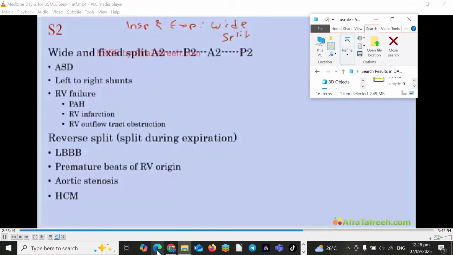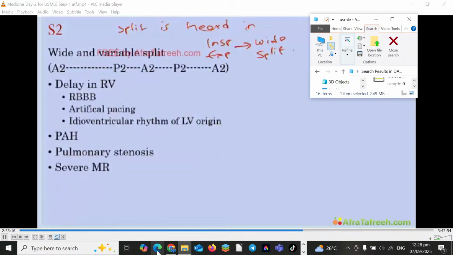What you understand by a wide and variable split is that the right atrium can accommodate still more blood during inspiration. During inspiration, the heart should take in more blood. When you call it a wide split, that means it is already receiving more blood. But during inspiration, it can accommodate more.